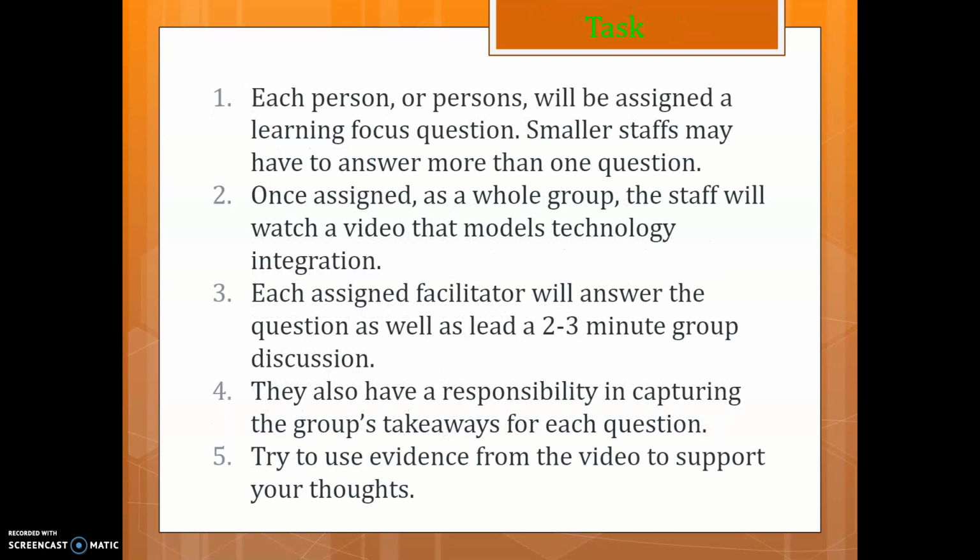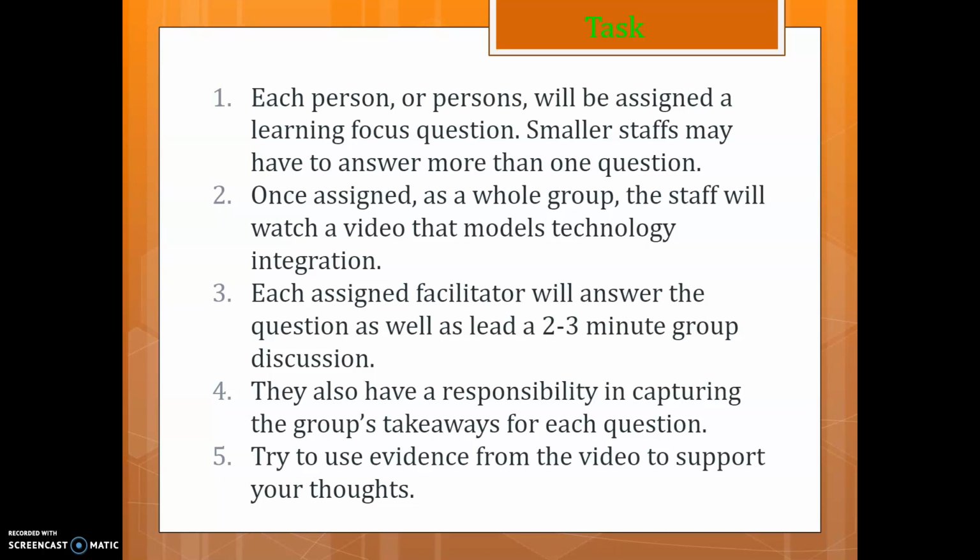So here is a task that you have before you. Each person or persons who may be coupled up will be assigned a learning focus question. That's on the next slide. If you have a smaller staff, you may have more than one question that you would have to answer. Once the question is assigned, as a whole group, you will watch the video, and the video will model technology integration.